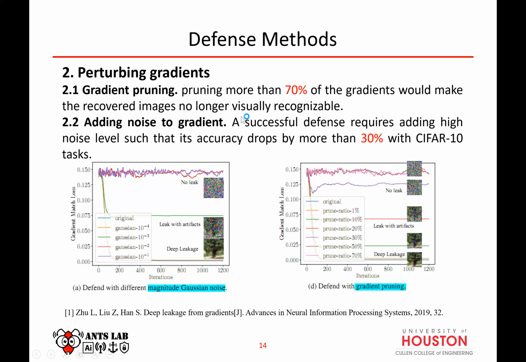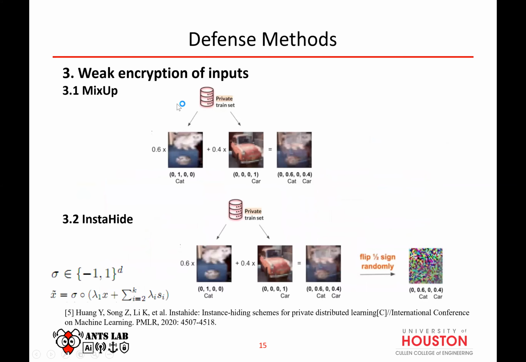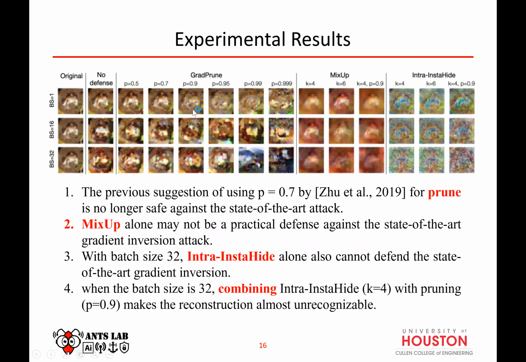They did not measure the defense's performance. So in this paper, the authors compare the defense performance between the gradient prune, the mix-up and the install height, the three defense methods and their combination.